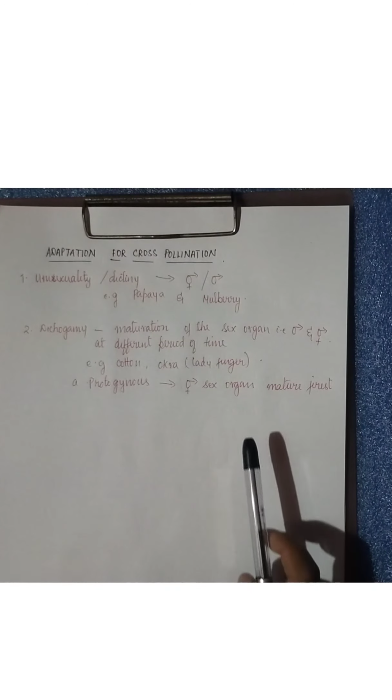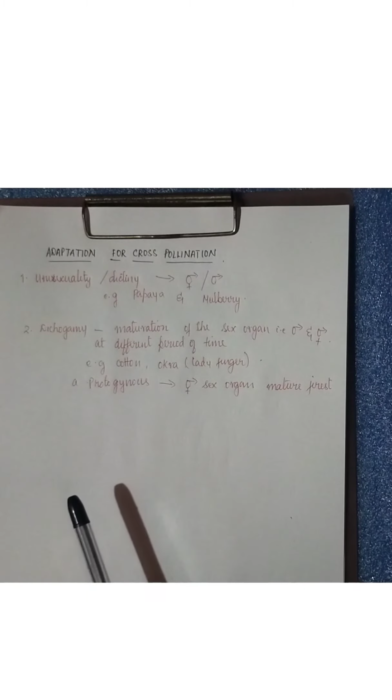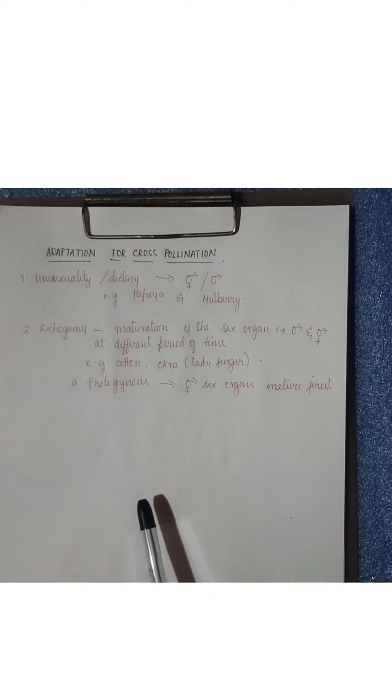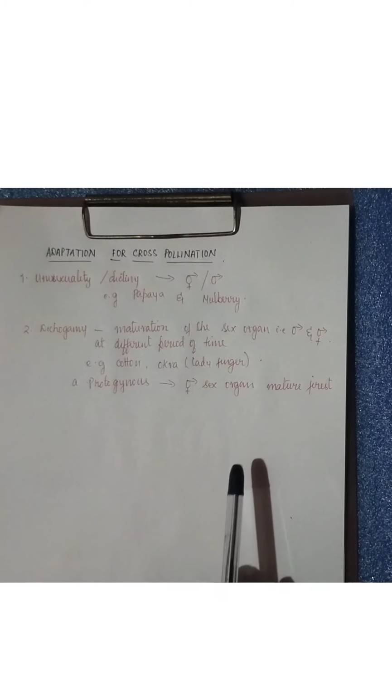That means in a cross-pollinated flower the gynoecium gets mature before the androecium. So that is basically a character which is fit only for cross-pollination.